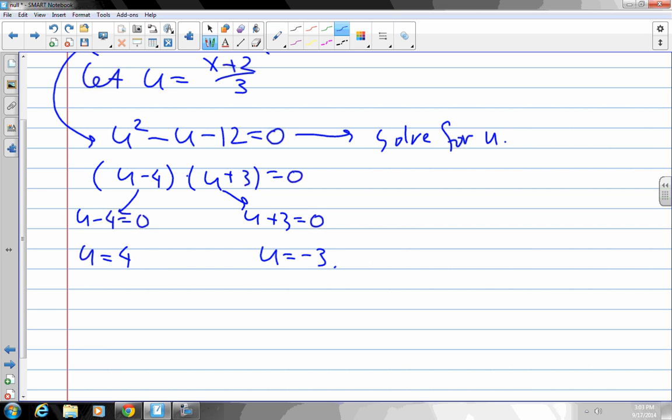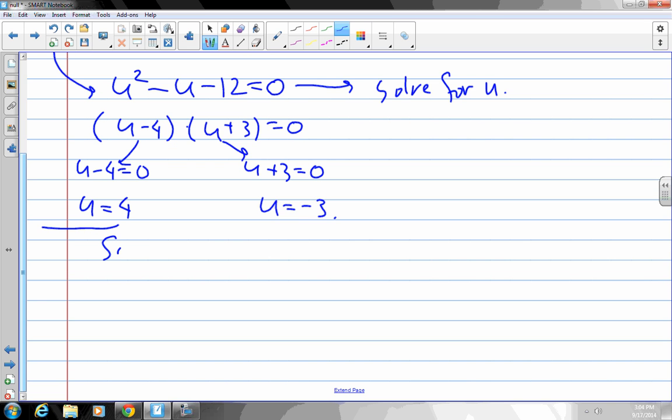Right? So that's that intermediate step. I solved for the dummy variable. The equation was in terms of x, so my answer should be in terms of x. So now I'm going to substitute back and solve for x. Because what is u equal to?